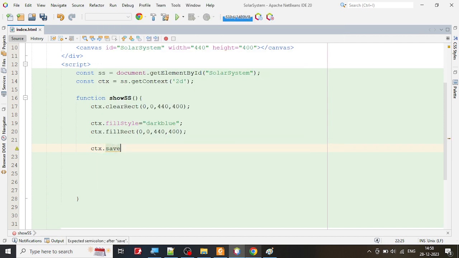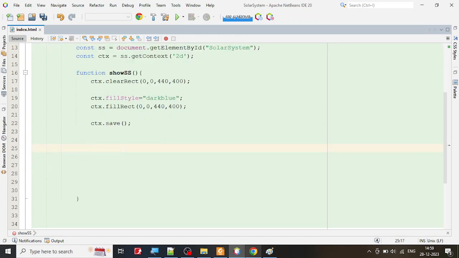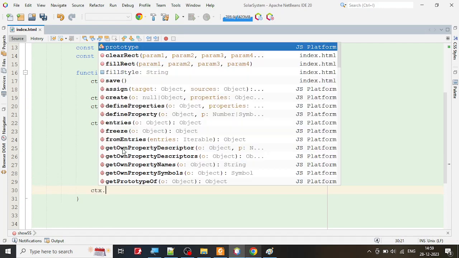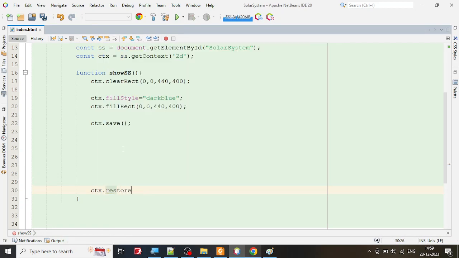I'm going to say context.save to save the context so that I can restore it back. Then finally I'm going to restore it back. I will tell you why I'm doing that. Let me explain it later.